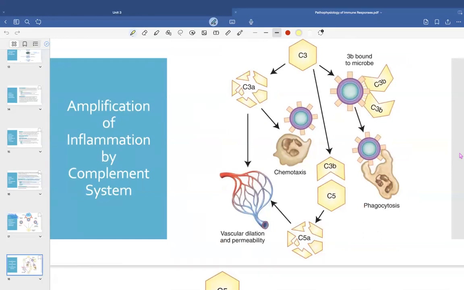So those are really your three phases: complement activation, amplification, and then destruction or lysis of the microbe. All right, so that's your innate. That is all innate, without being educated.